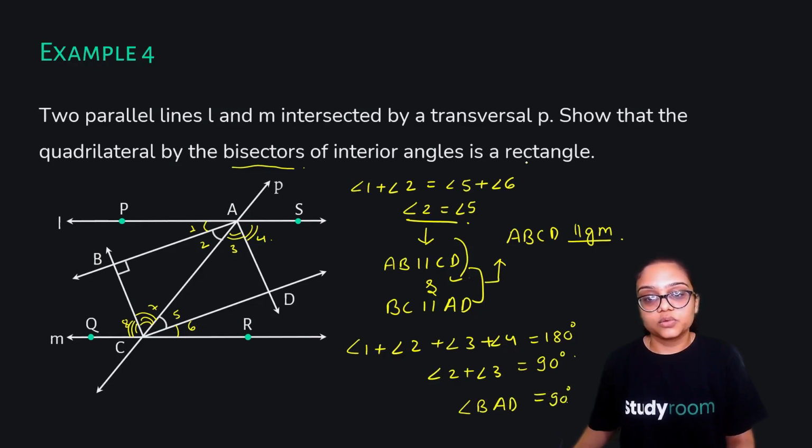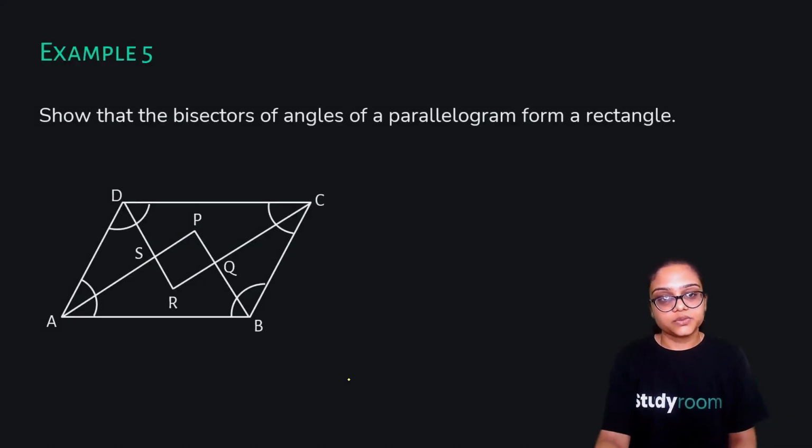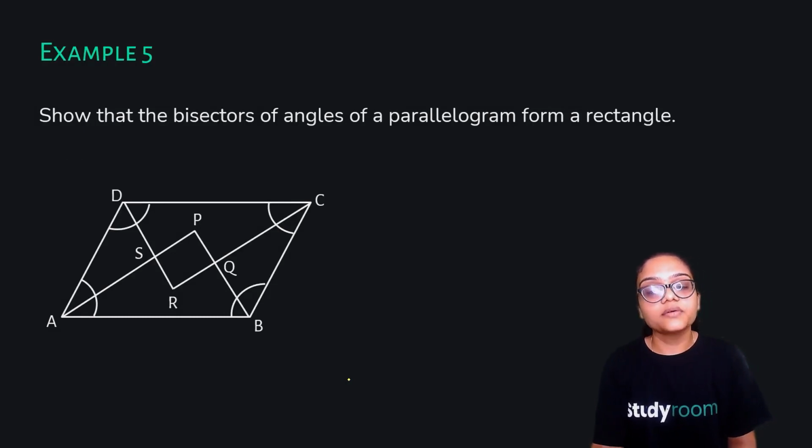So both conclude that ABCD is a rectangle. I hope you know how I drew the conclusion.